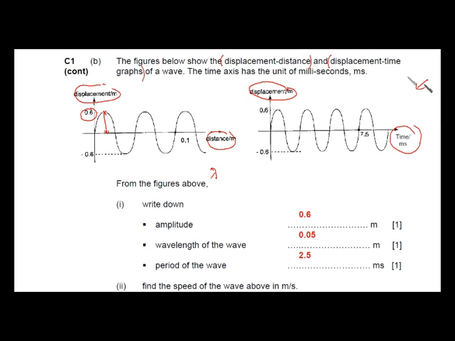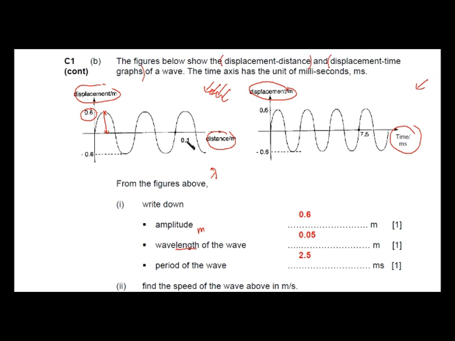For wavelength, we are trying to find the length, and for length, we know that the SI unit is meters, so we have to use this graph to find wavelength. Because over here is displacement distance, and we have to make use of the distance to find the wavelength.